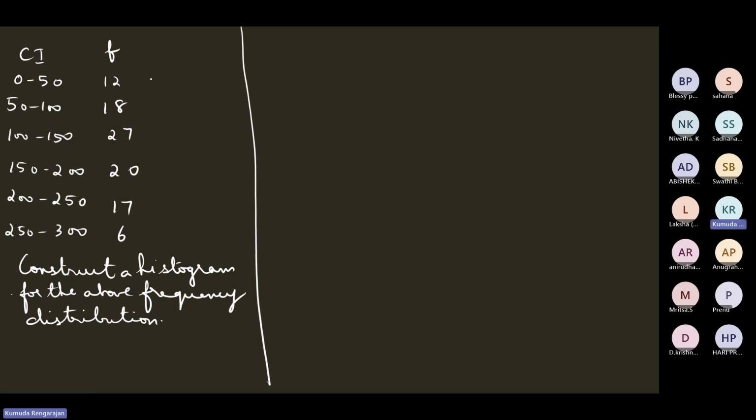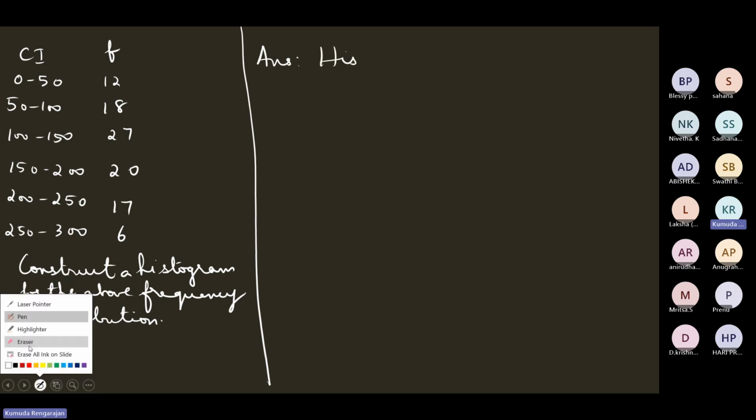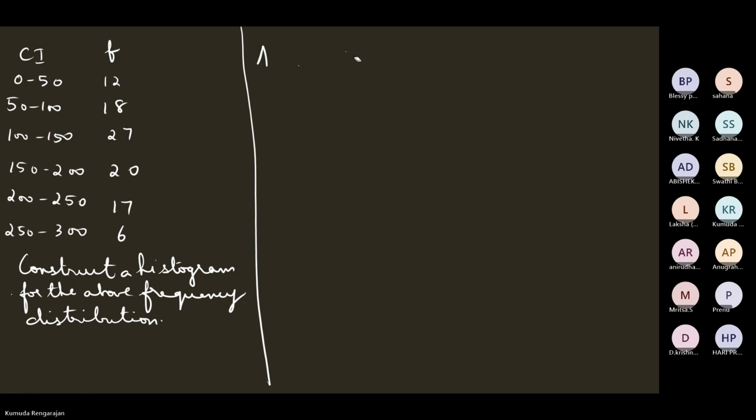So how do we construct a histogram? What is a histogram? Histogram is the graphical representation of a frequency distribution, but the class intervals must be continuous.